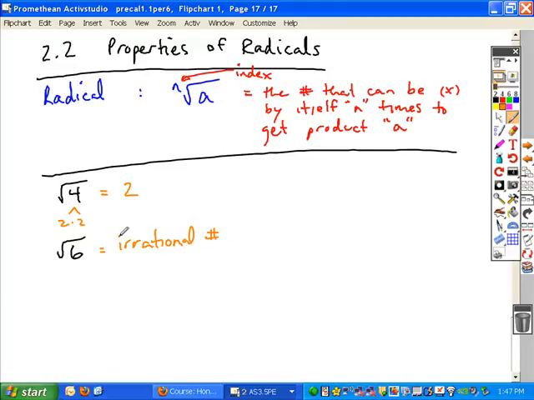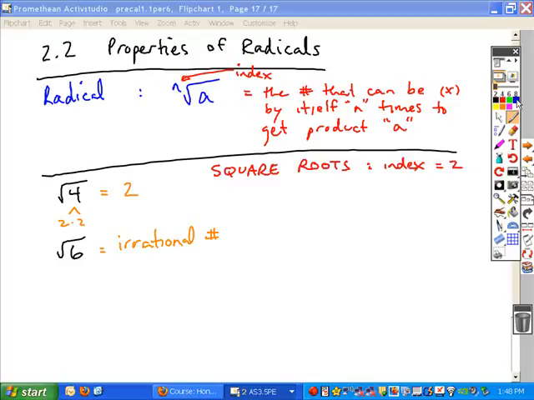You need to be able to realize which radicals can be reduced completely and which radicals give you some real number value, but not in a rational form. Again, the index of a square root is 2, even though it's unwritten.